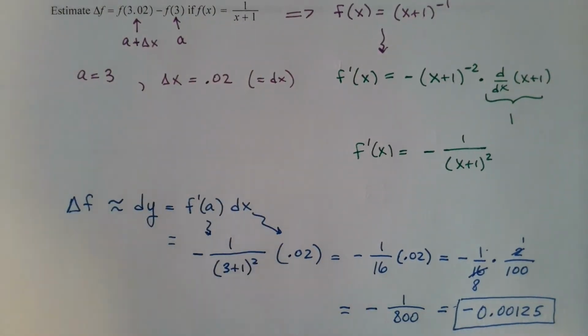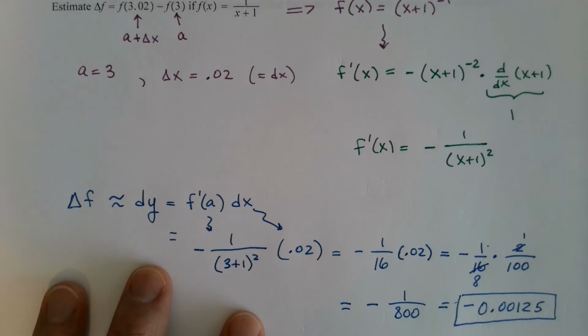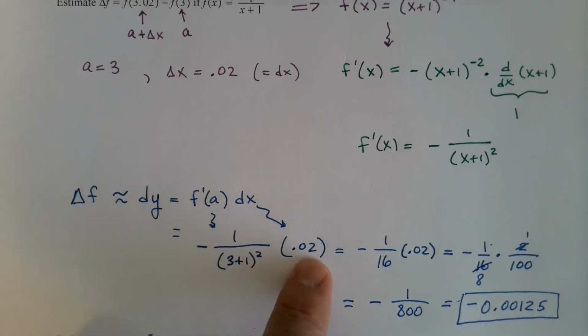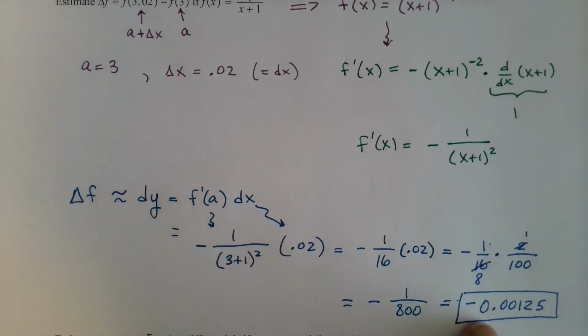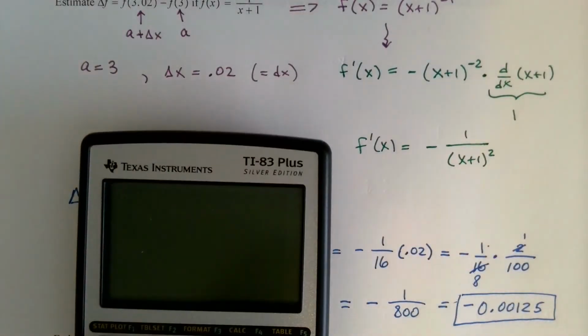But again, this is the approximation from the tangent line. As long as delta x is relatively small, which it is pretty small here, then the approximation is fairly good. In fact, let's just see what that actual value would be in comparison.